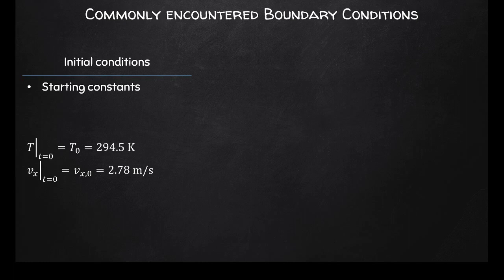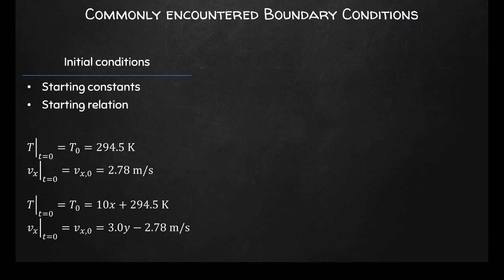We can also, for instance, be given something like a linear velocity. We start off with 2.78 meters per second. These are known as initial conditions, and these conditions can change as the problem changes, or as we go further.